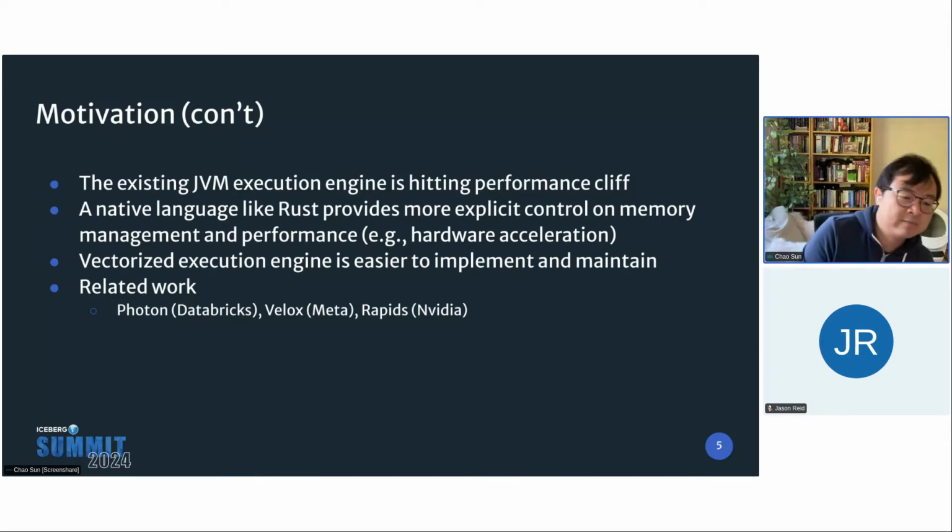Also, and most importantly, related work such as Photon from Databricks, Velox from Meta, and RAPIDS from NVIDIA all proved that this approach is very promising. Photon and Velox have shown really promising benchmark numbers, which inspired us to follow the same approach.